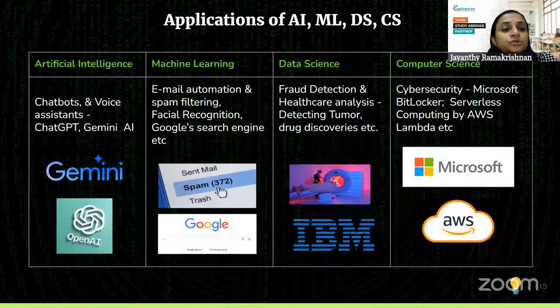Okay. So finally, before I conclude this section, I found this really nice slide here which gives you a gist of what a specialization in each of these fields is, and where it is used. So for example, artificial intelligence is used in ChatGPT. Machine learning is something that we use every day.